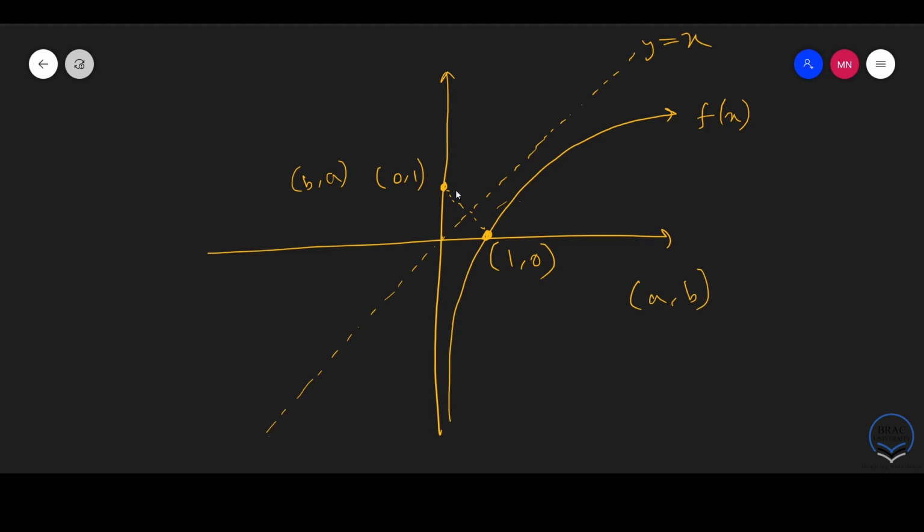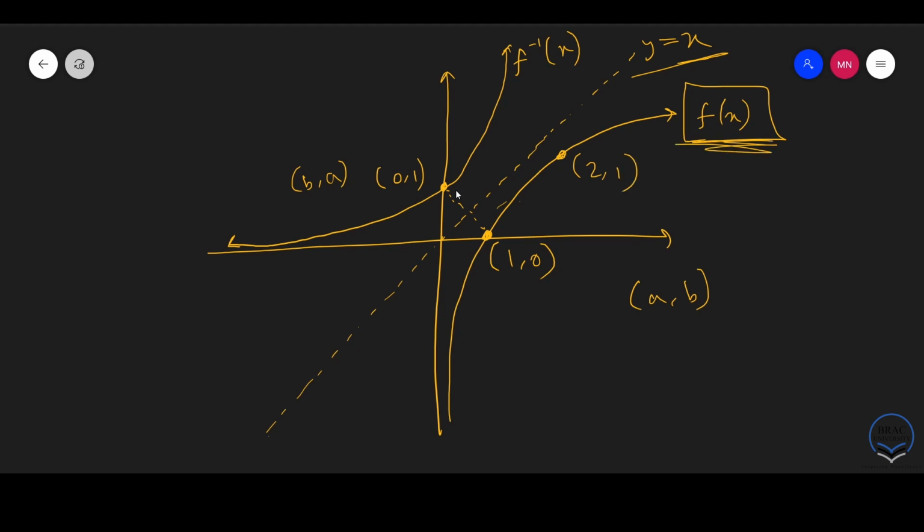So now the graph of this should look something like this. All we did is reflect the graph of f of x along y is equal to x, and this gives us f inverse of x. Similarly, if we had a point 2, 1 on our original function, then on the inverse function, we would have the point 1, 2.